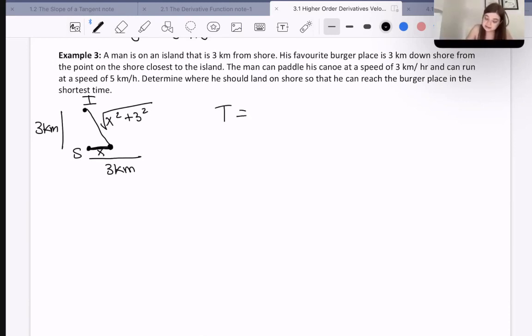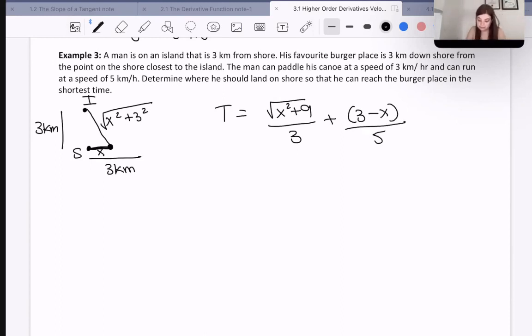So time is going to be equal to the square root of x squared plus 9, because 3 squared is 9, divided by 3, plus 3 minus x divided by 5. Now, how did I come up with that equation? Well, the square root of x squared plus 9 is that oblique distance there, the hypotenuse. And I divided it by 3 because it says he can paddle his canoe from the island to the shore at a speed of 3 kilometers an hour.